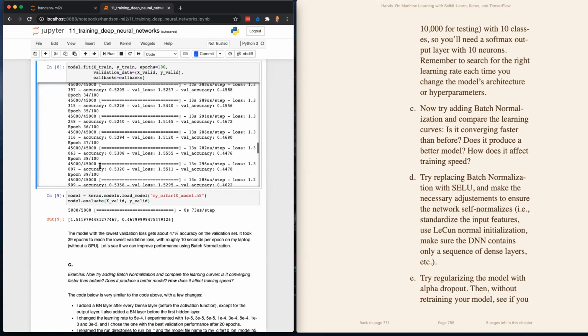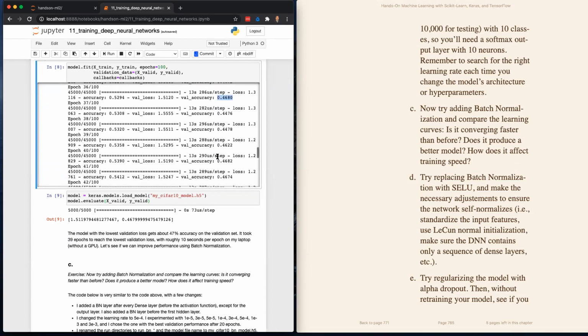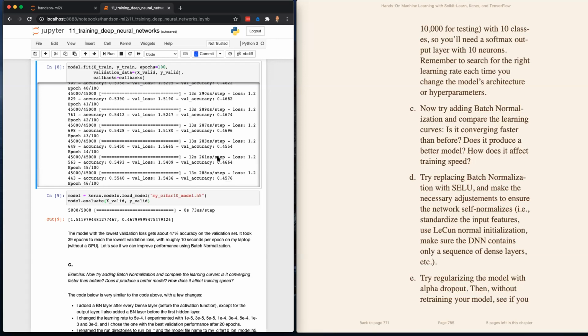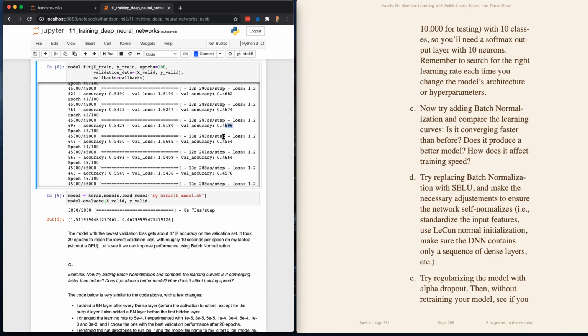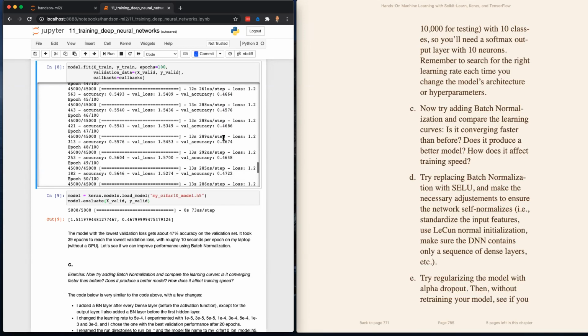And he's saying 36. We are getting a good accuracy. 468, 469. Okay, we got 53 in here. 469, 469.